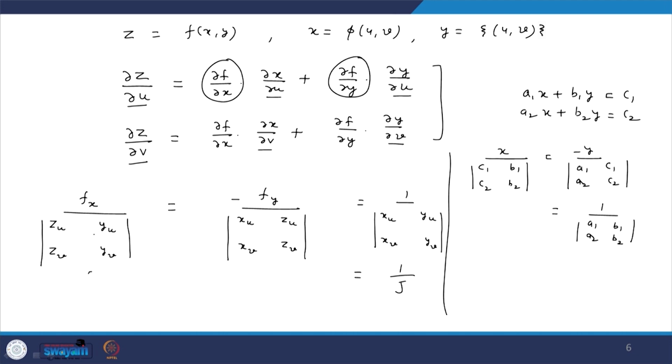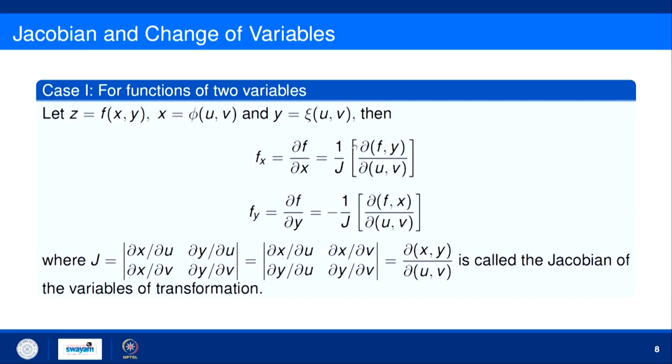This is simply a notation; this term is given by the determinant of del f by del u, del f by del v, del y by del u, del y by del v.